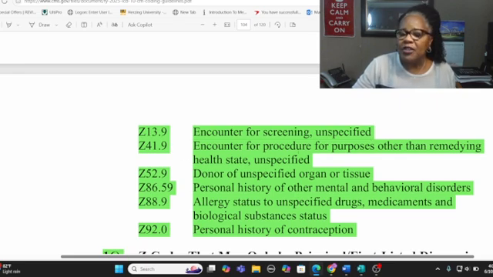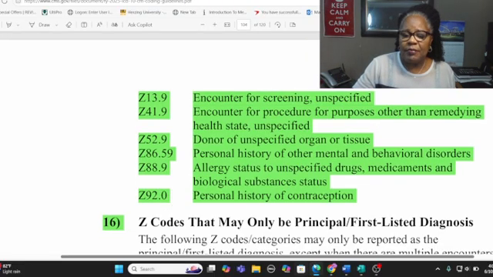Z41.9, encounter for procedure for purposes other than remedying health state, unspecified. Z52.9, donor of unspecified organ or tissue. Z86.59, personal history of other mental and behavioral disorders. Z88.9, allergy status to unspecified drugs, medicaments, and biological substances status. And Z92.0, personal history of contraception. So those are 15, miscellaneous.